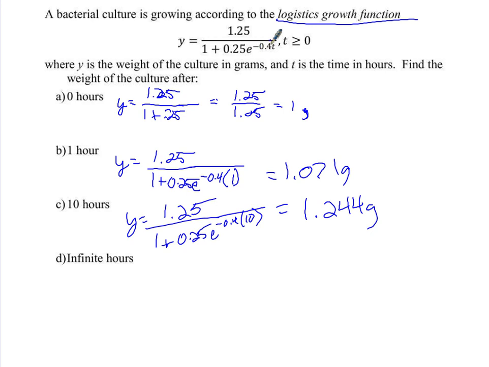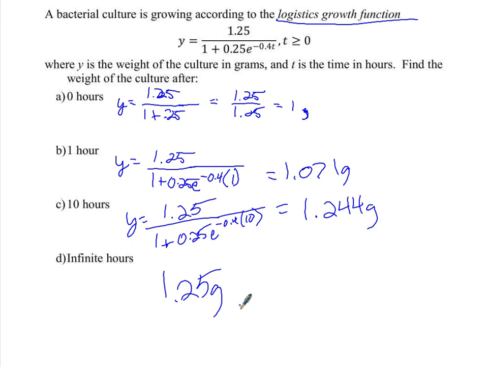When e goes to negative infinity, what happens? It goes to 0, because what we really have here is 1 over e to the infinity power. So it becomes basically nothing. This disappears, so I'm left with 1.25 divided by 1, which is 1.25 grams.